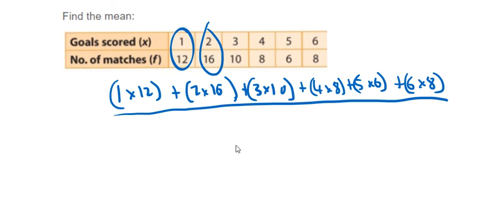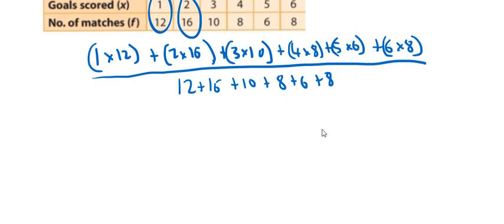And so obviously on the bottom then we're just going to add up the F, so the frequency, or the number of matches in this case. And then you could put all that into your calculator, but we'll just try to work some of it out in our head anyway.